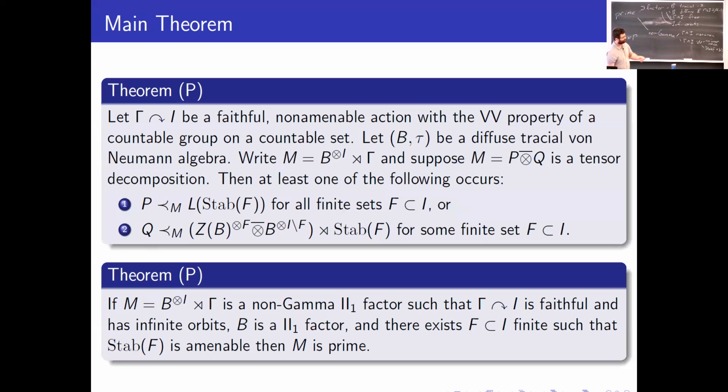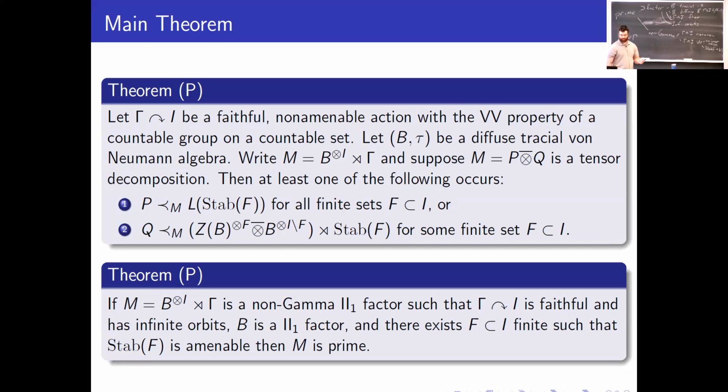And something else: I went from B diffuse to B a II_1 factor. There's a relative commutant calculation at the end where you need a factor. Like I said at the start, you need factors to do a lot of these commutant calculations.